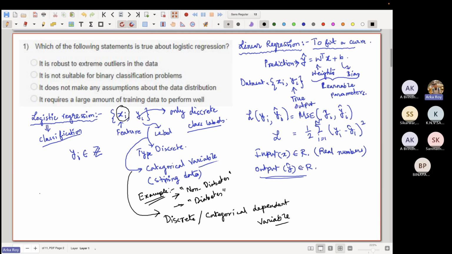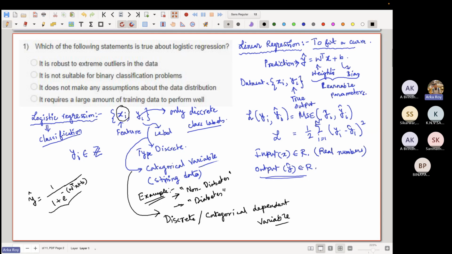And the basic equation for logistic regression is provided as y hat is 1 divided by 1 plus e to the power minus (w transpose x plus b).